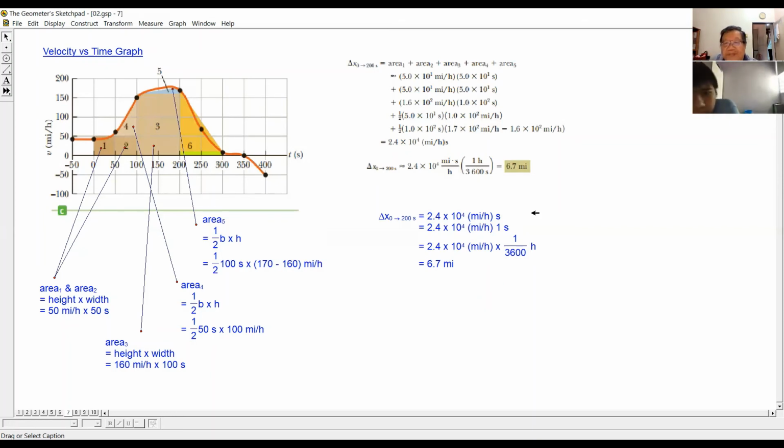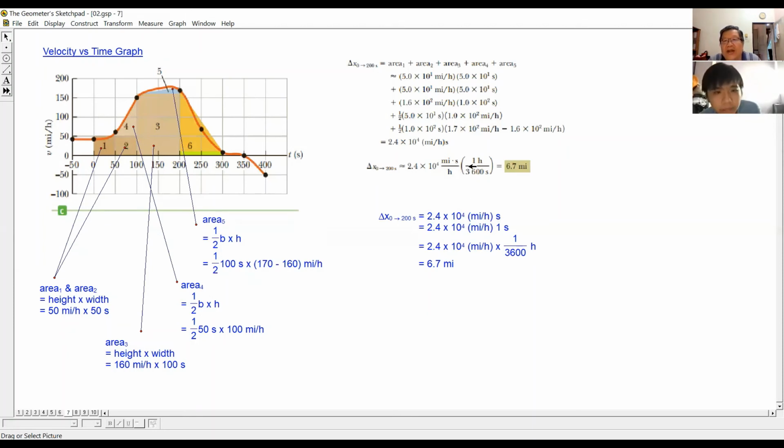Now, because of this inconsistency in the unit, when I want to convert them to distance, I have to convert either the hour into second or the second into hour.